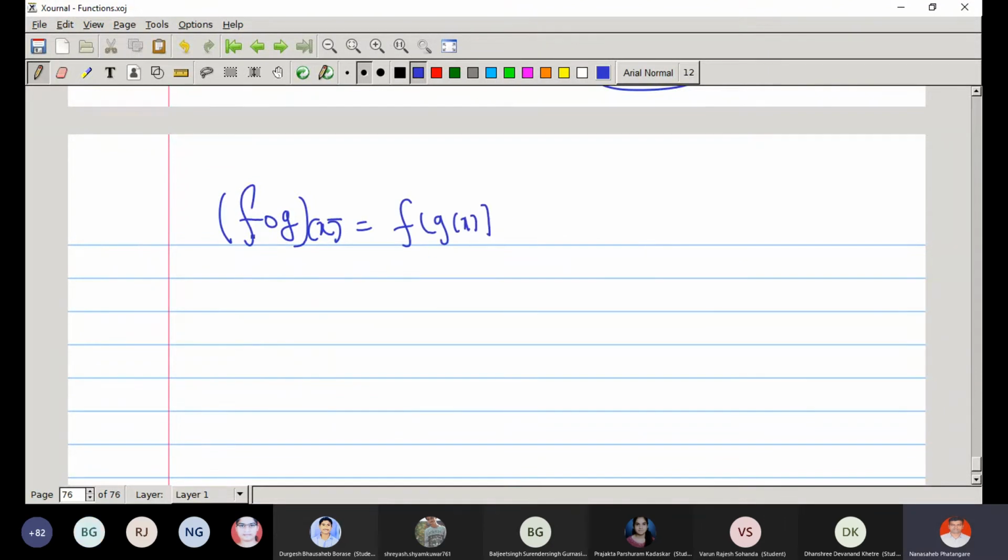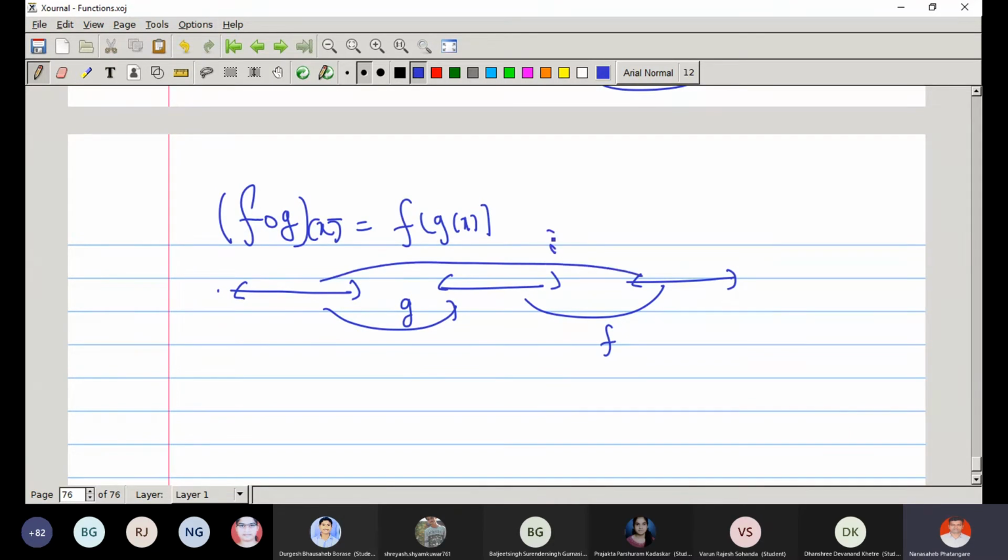When I say f composite g, first I am looking at function g and then I am looking at function f. So the direct function is first g and then f. What is in this case f of g of x?